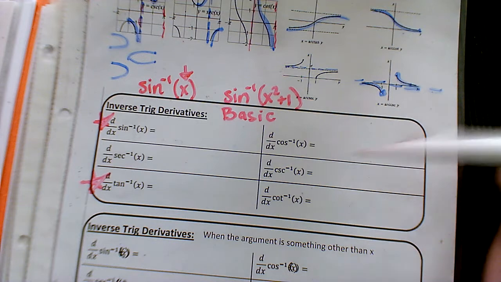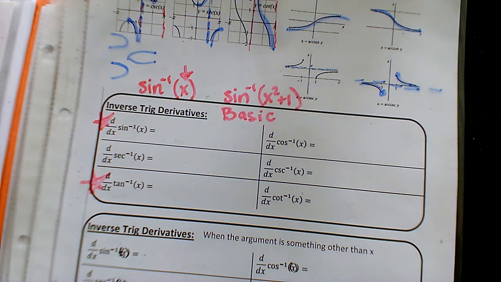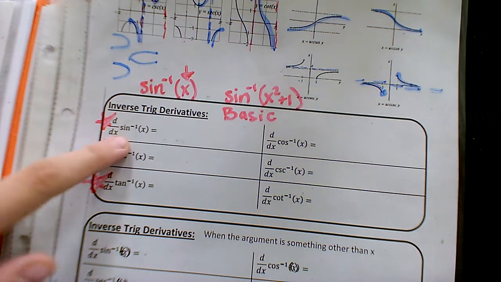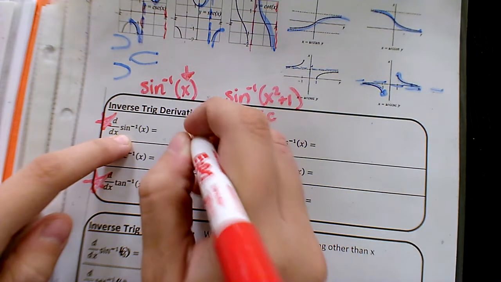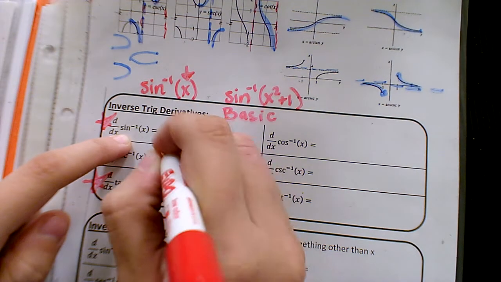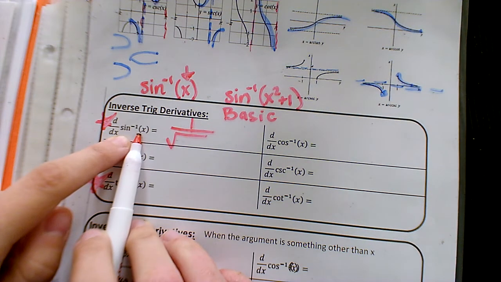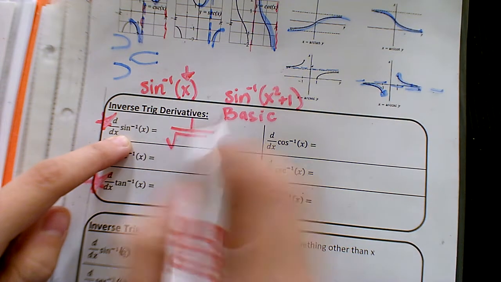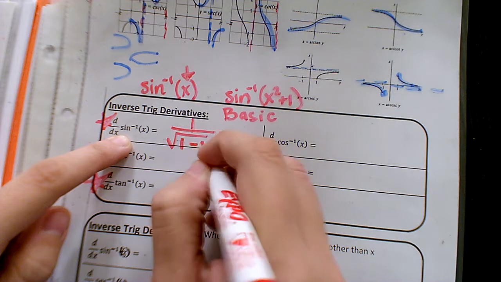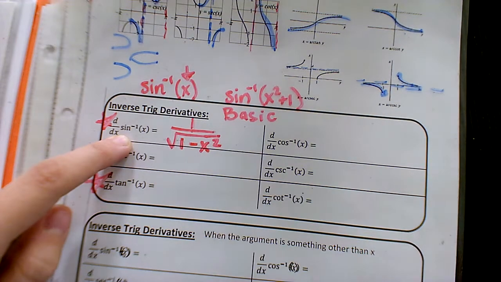You're going to start to see a pattern, though, after we go through some of these that might help you remember them. So they can be a little bit different. We're just going to write them down and talk about them to see if we can find a pattern to help us out. So the derivative shortcut for inverse sine is 1 over the square root of 1 minus x squared.